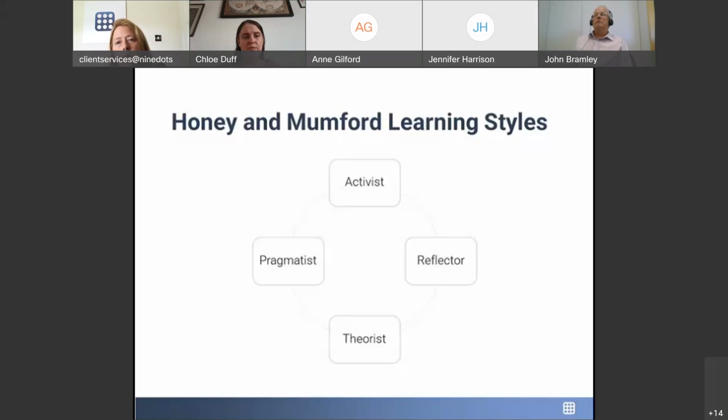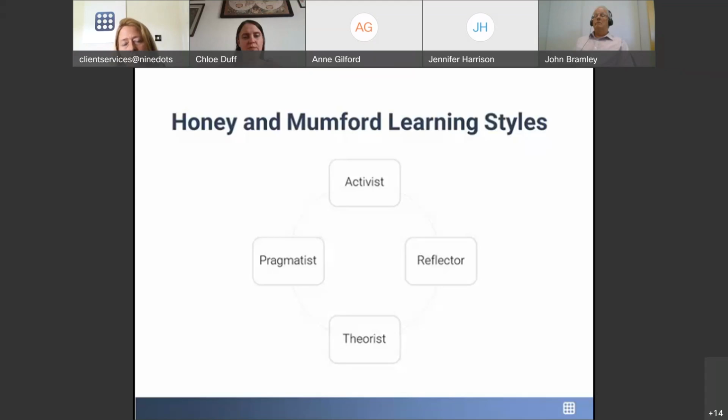If you were a theorist, you might think it was a good idea to set everyone a book club and say, I want everyone to read a chapter of this. But an activist would be thinking, oh my word, why can't I role play it instead? So it's about thinking how you can attract that person to come and embrace that learning. Okay.